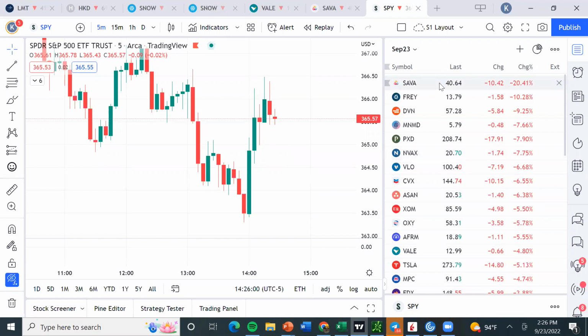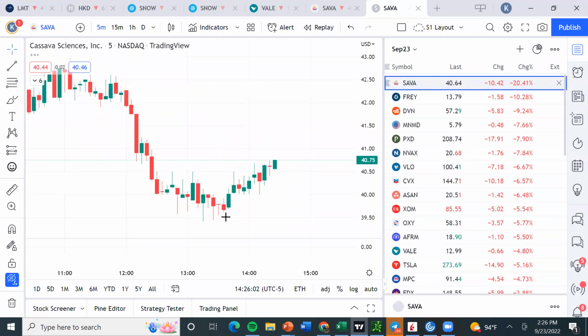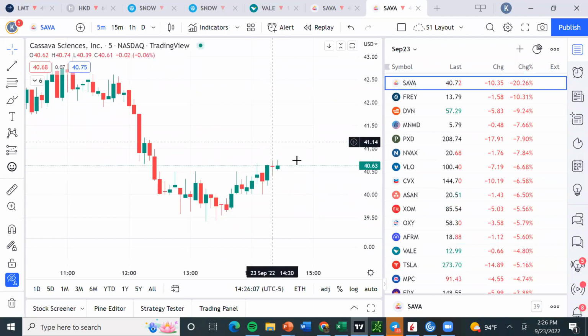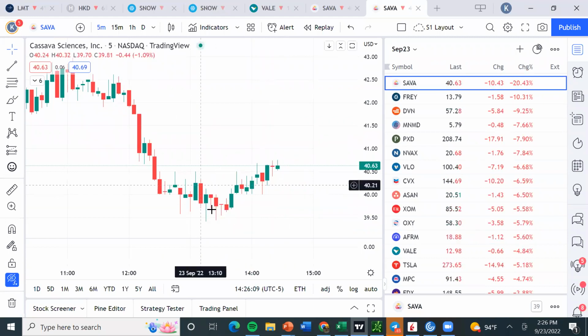It is moving good. It's 40.75 now. So if you got the 40 call, it would have been 60-70% up.